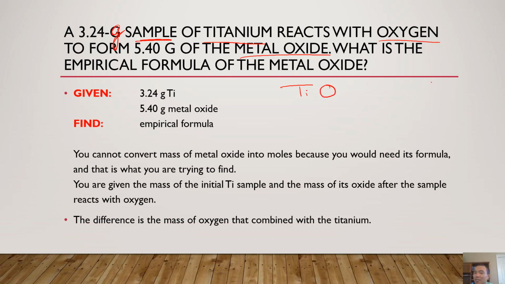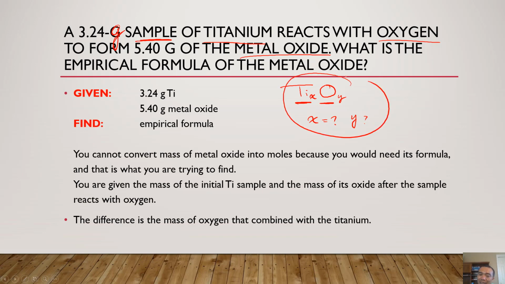When you react with oxygen, oxygen is O2, but when you combine them, it's the ratio between titanium and oxygen atoms, not O2. So let's say you have TiXOY. Basically we're asking you, what's the subscript X? What's the subscript Y? So that's the question.